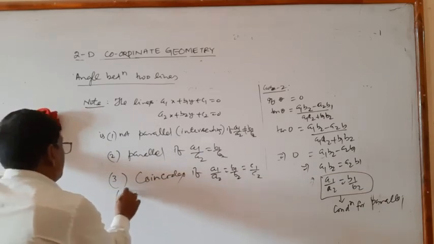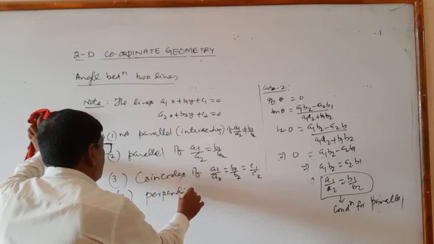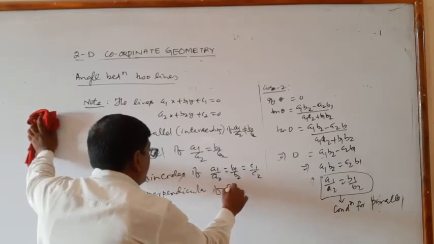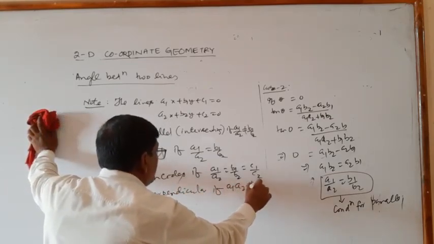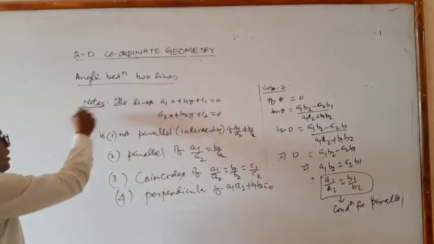Fourth, perpendicular if a1 a2 plus b1 b2 is equal to 0. These are the 4 conditions.